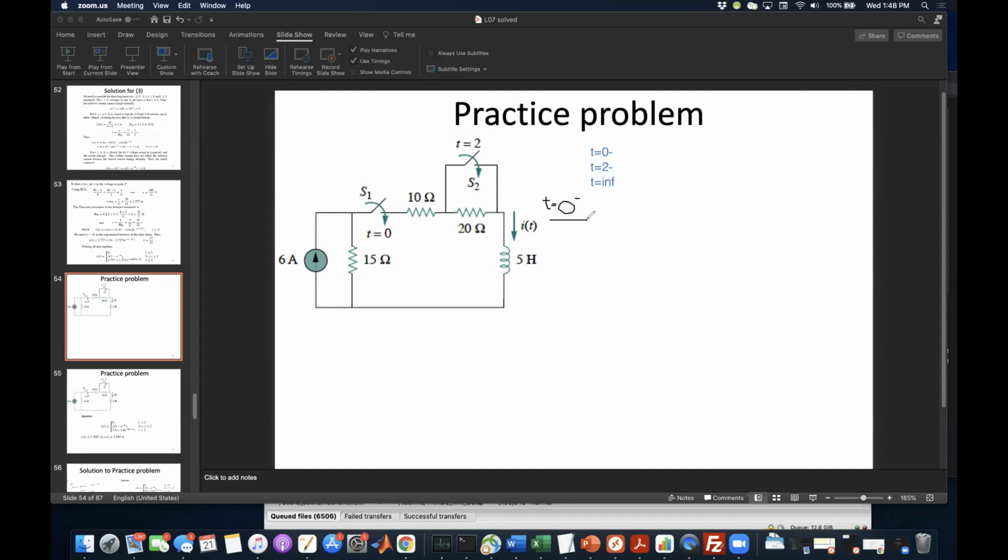At time equals 0, this switch is open, and so it's kind of straightforward, actually. You have your current source, and then you have this.